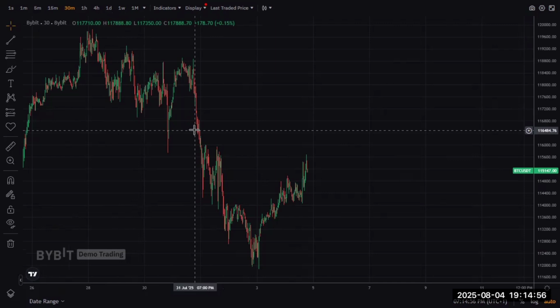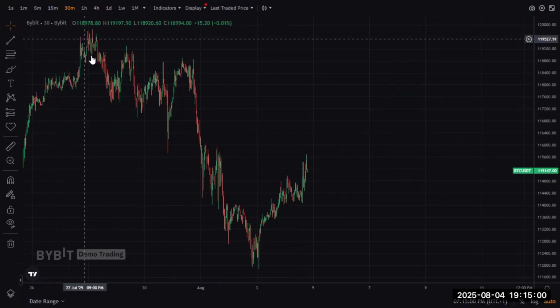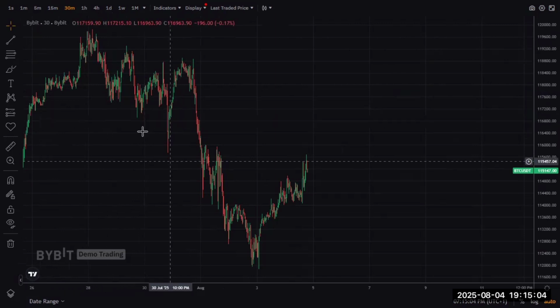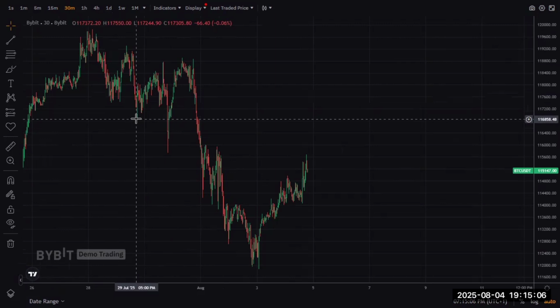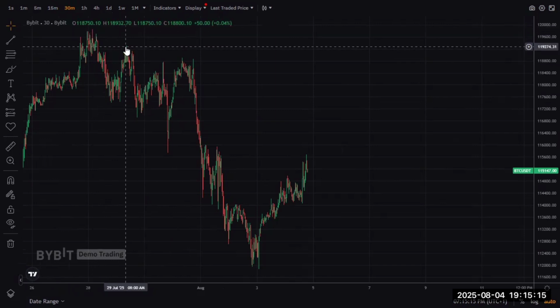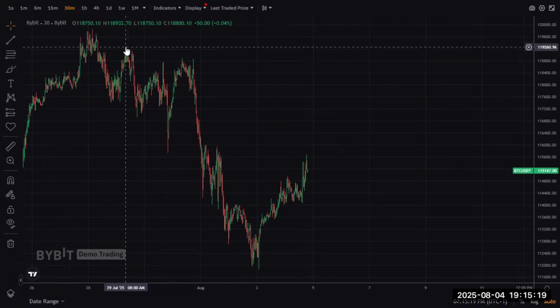I'm a day trader. So we can see that the market is forming lower points. Apart from the lower points, it is also forming lower highs. We have a high point here, another high was formed that is lower than the previous one, and another high that is lower than the previous one.